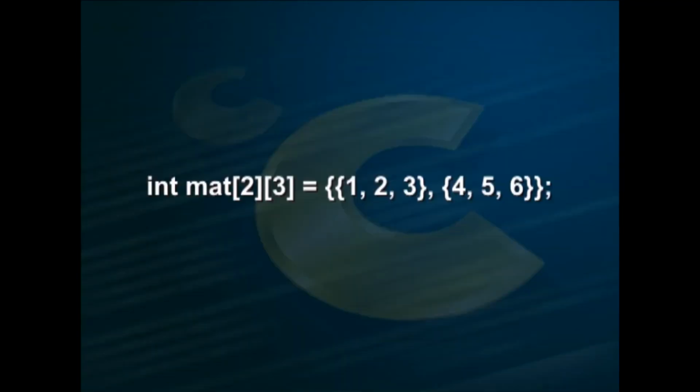The above statement can be equivalently written as int mat[3][2] = {{1, 2}, {3, 4}, {5, 6}}. This initialization enforces the assignment of each row, that is, values within the inner braces are assigned to each row.